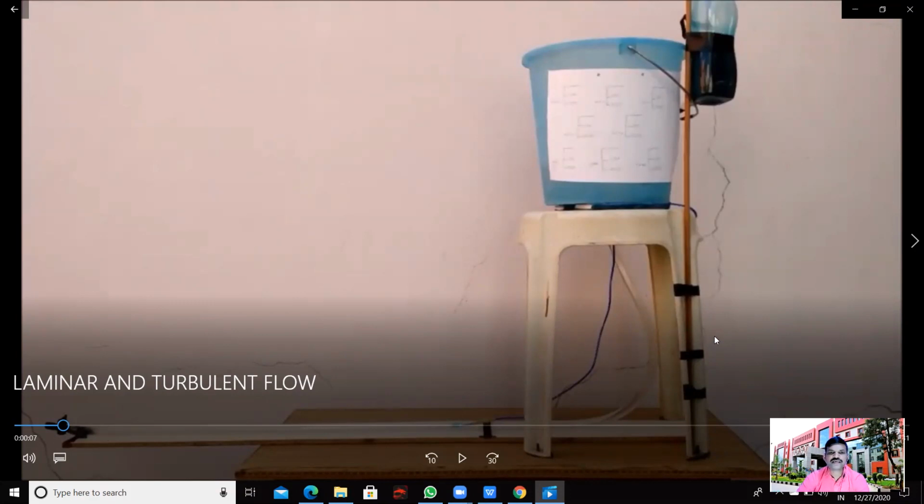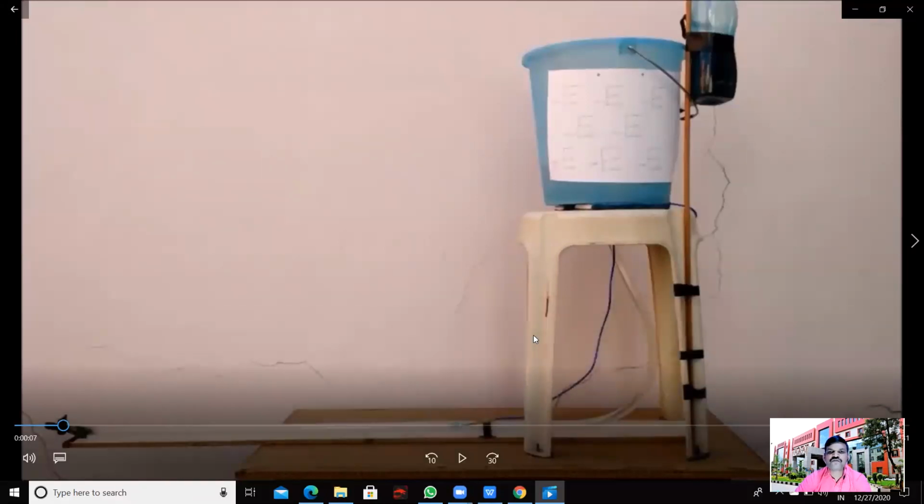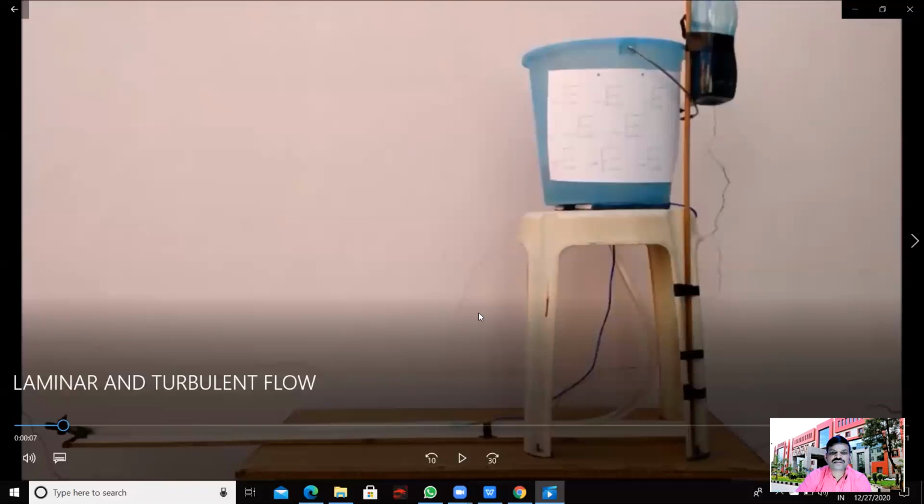Everything is needed, so let us start the experiment. Please watch carefully the pattern of the flow of the dye. Here a blue color dye is used, so we can observe the laminar, transition and turbulent flow very clearly. Please watch the video carefully.